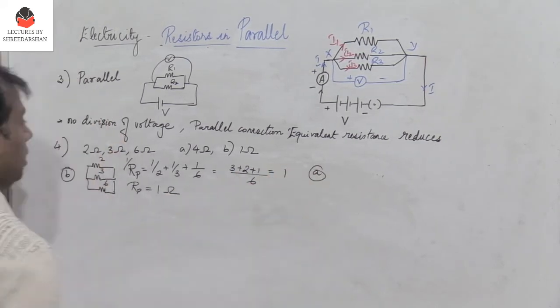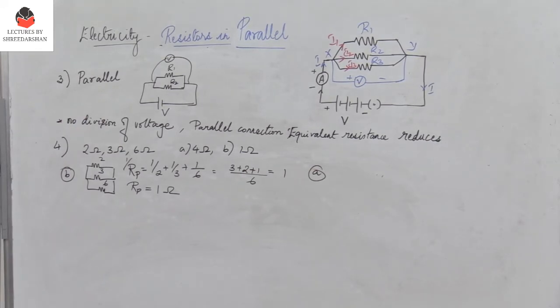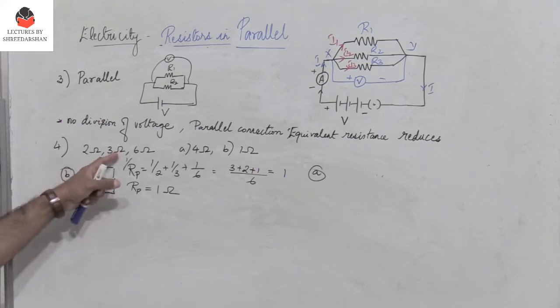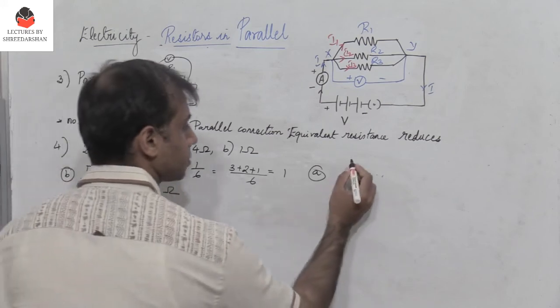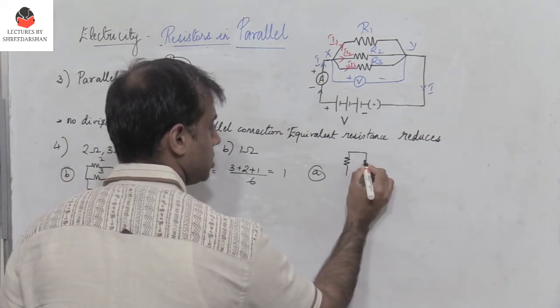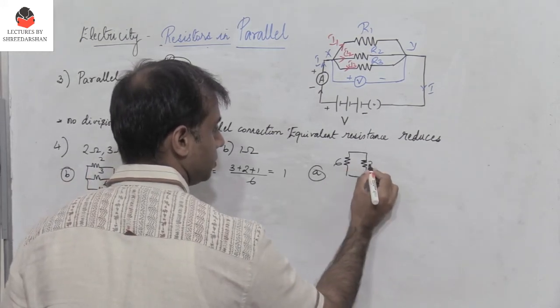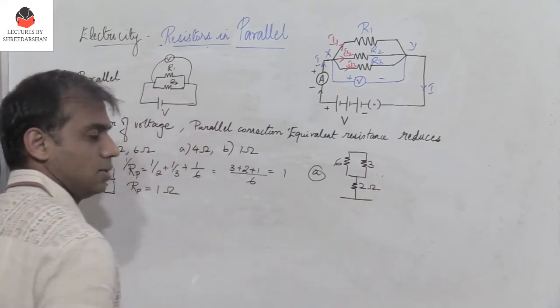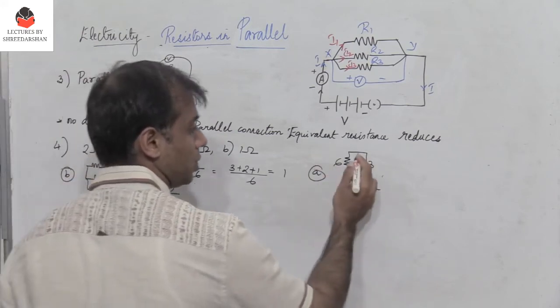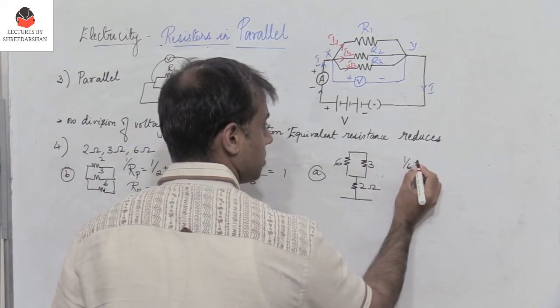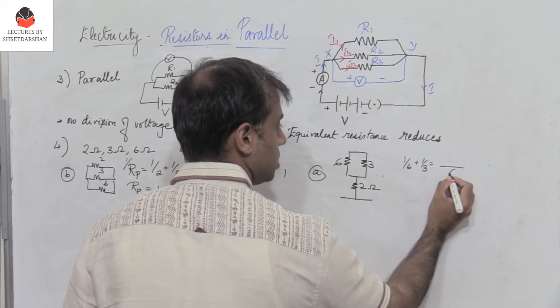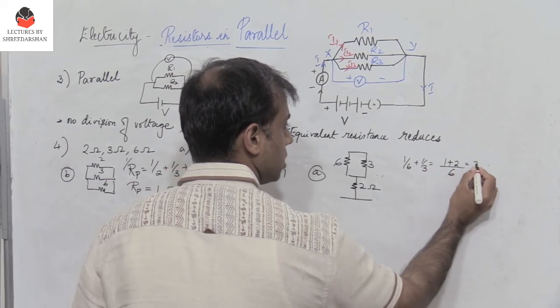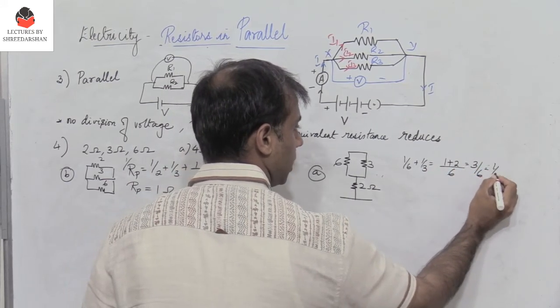So this is the answer for part B. Then A, I need to get a resistance of 4 ohms. So if I need to get a resistance of 4 ohms, what should be done? Let's do trial and error. Let me connect 6 and 3 in parallel, and then I have 2. So 6 and 3 in parallel, what is the equivalent resistance? 1 by 6 plus 1 by 3 is 1 plus 2 by 6, which is 3 by 6, which is 1 by 2.